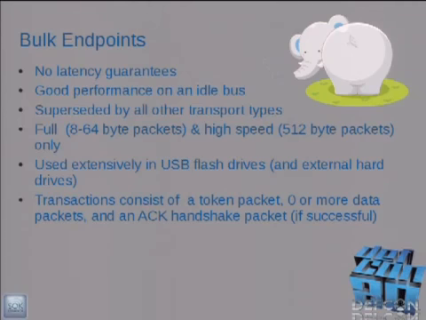It'll be relevant. If you're doing high speed transfers, you can use 512 byte packets. And this is used pretty extensively in flash drives, also external hard drives. So the transactions consist of a token packet and then some data, possibly, and then you send an ACK at the end. Right.